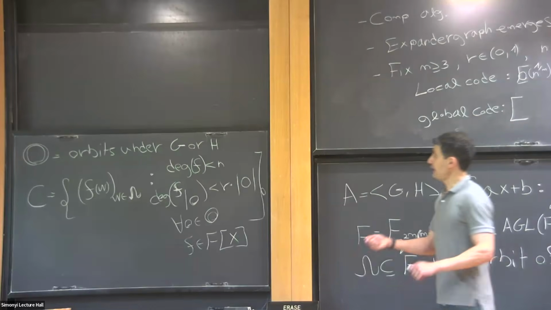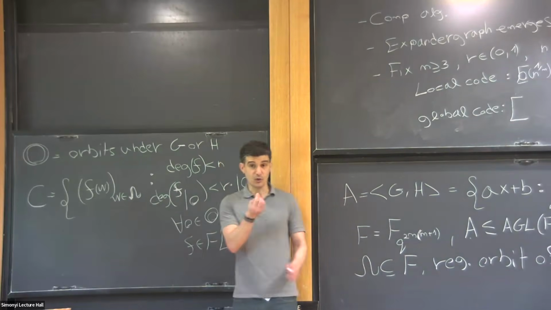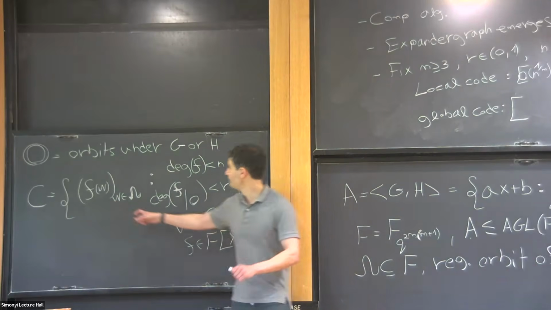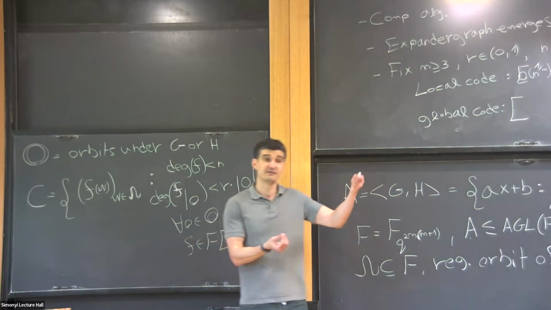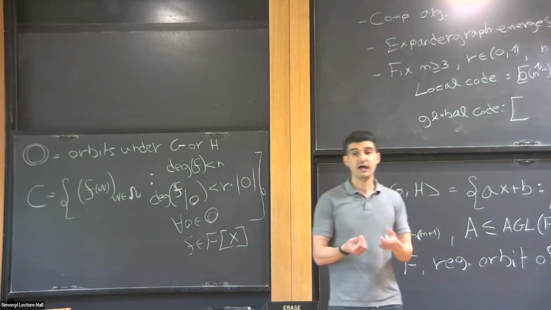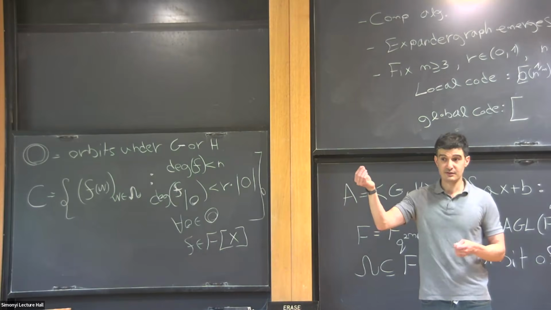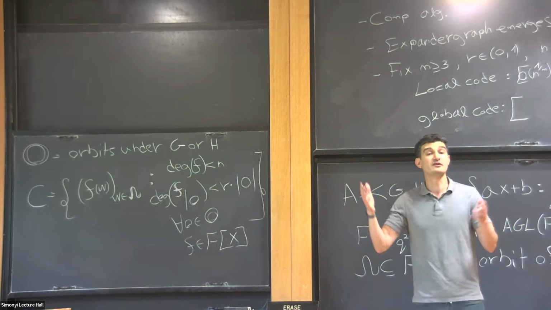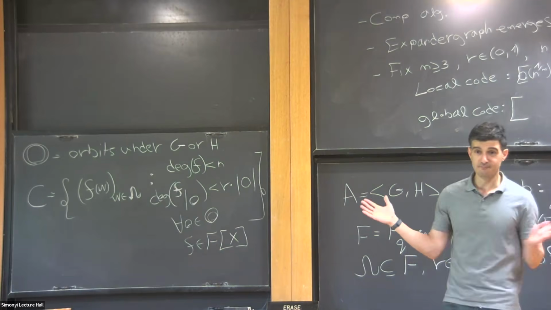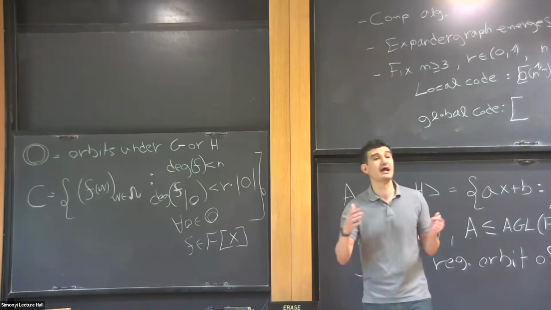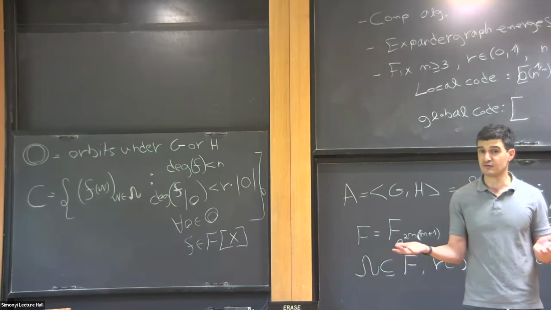Now, each coordinate is parameterized by elements of omega. So each coordinate, little omega, is contained in two orbits: one from the action of H, and one from the action of G. So each coordinate participates in two local Reed-Solomon codewords. Agree? This resembles what we see in the usual expander graph.